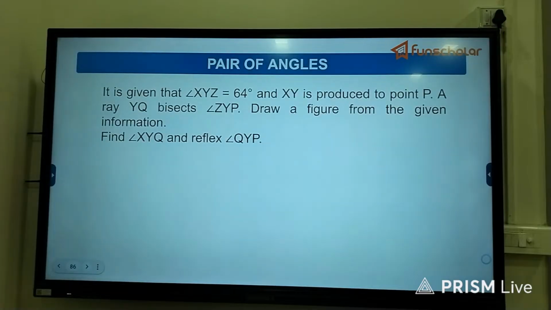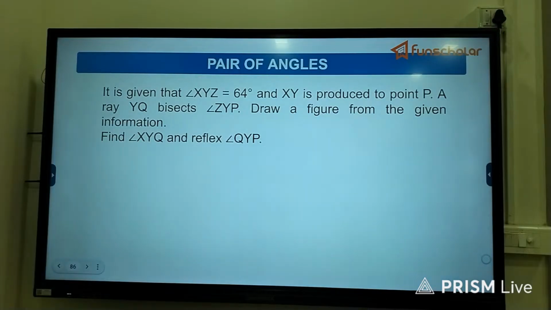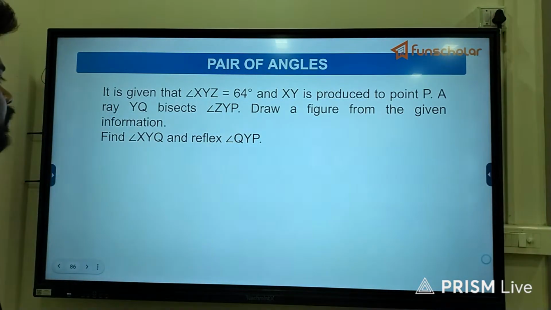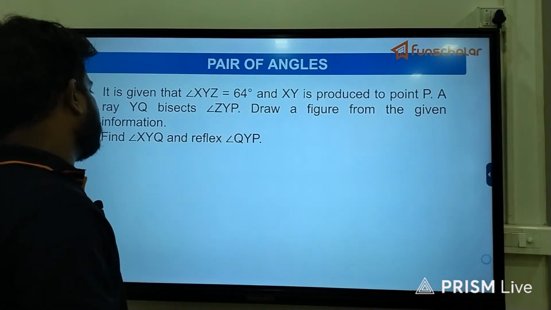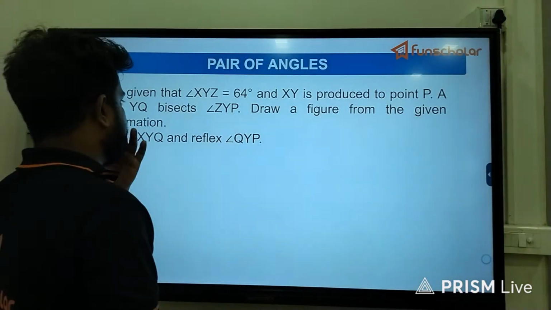These all are pair of angles sums. It is given that XYZ is 64 degrees and XY is produced to a point P. A ray YQ bisects ZYP. Draw a figure from the given information. Find XYQ and reflex of QYP.